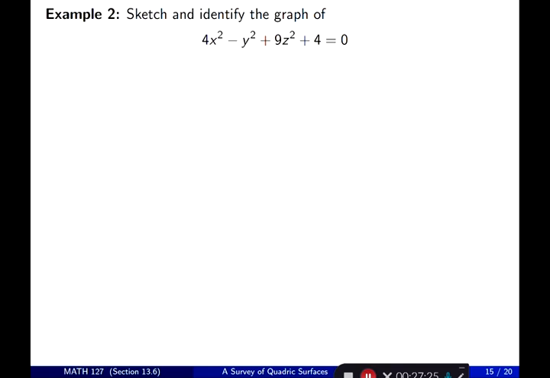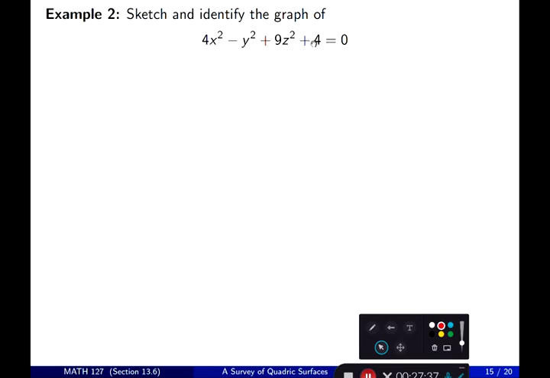Sketch and identify the graph of 4x squared minus y squared plus 9z squared equals 4. Again, I like to put the two terms that have the same sign on one side, and the constant you can vary however you remember, that's fine, but I'm taking the constant to the other side also.